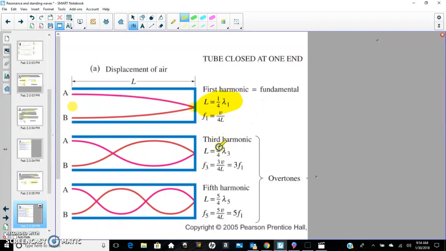So we have to skip to the third harmonic with a node at one end, an antinode, another node, and then one more antinode. So you're only going to have odd harmonics when you have tubes closed at one end and open at the other.